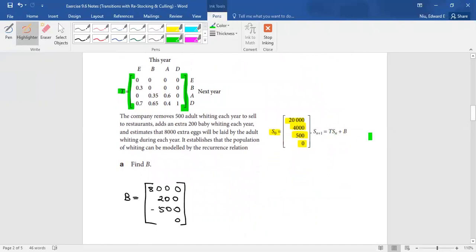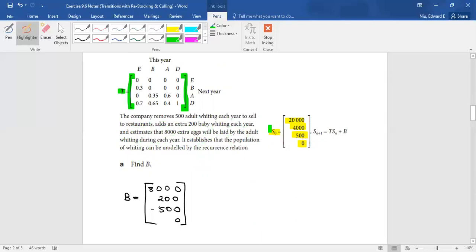Right, this part. So just below, the company removes 500 adult whitings each year to sell to restaurants, adds an extra 200 baby whitings each year, and estimates that 8,000 extra eggs will be laid by the adult whiting during each year. It establishes a population of whiting can be modeled by the recurrence relation.